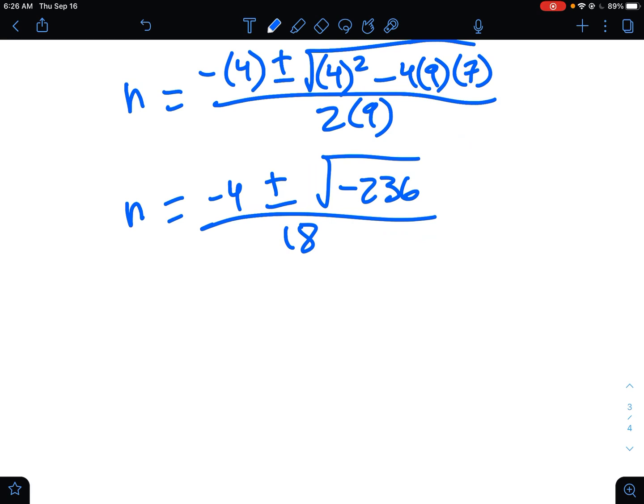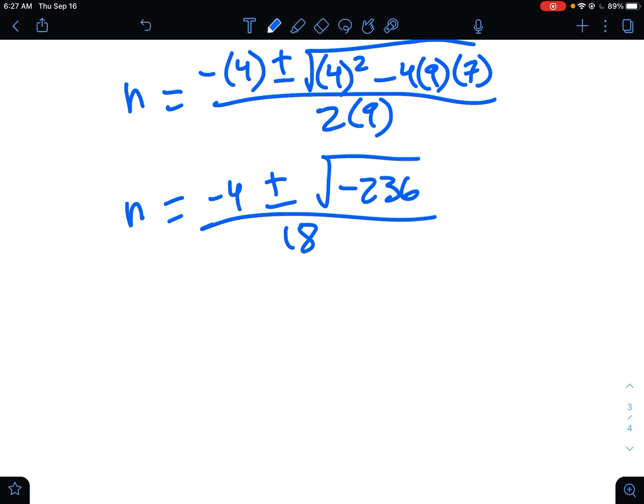We might have talked about this previously, but I can give a reminder here. If you have the square root of a negative, it doesn't really pan out. If you want to try, you can put it in the calculator, like do square root of negative 236, and you can kind of see what happens. Your calculator should give you an error, say like error, non-real answer, or something along those lines.